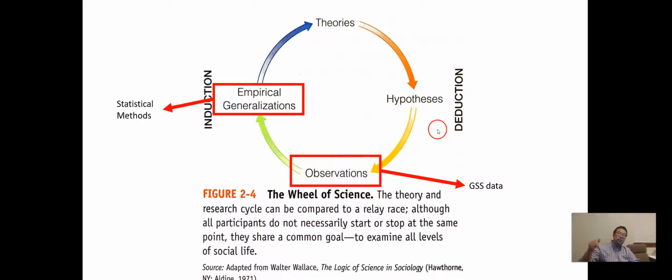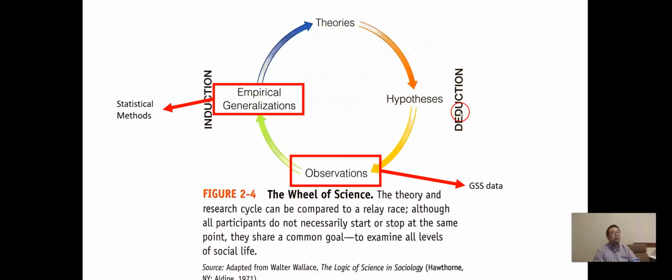So this is the opposite direction. The deduction starts from a hypothesis, an argument, and then using the data or inferential statistics, we make the generalization as a theory. But induction starts from the observation, and after accumulating observations, we can build up to the theory level. So these are different paths.